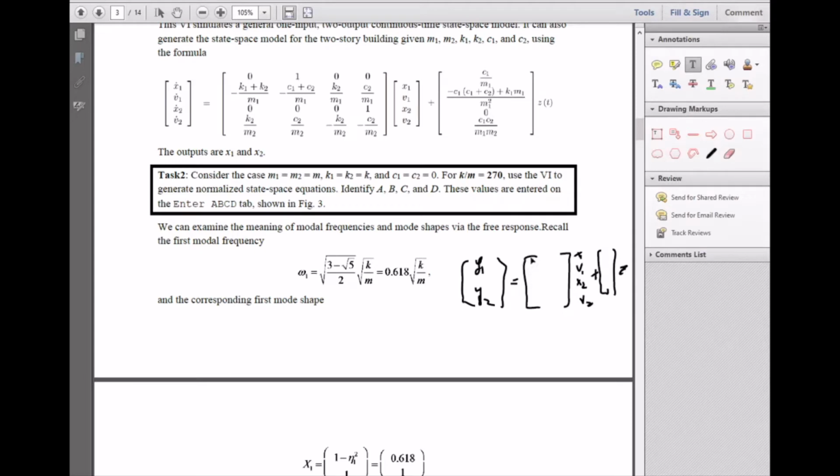X1. So it must be 1 0 0 0. That's the first row.